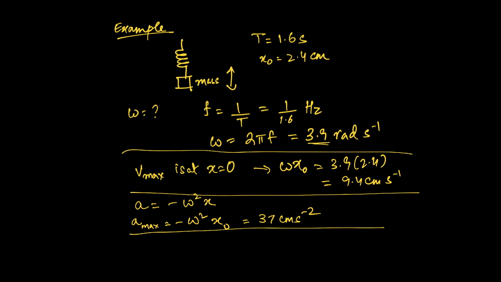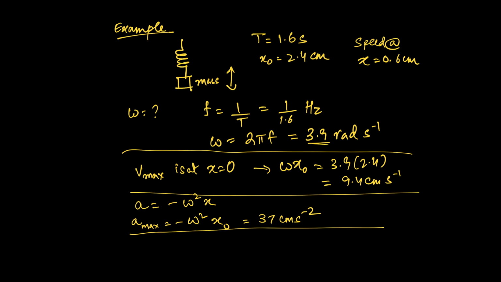And what else could we learn from this system? Well, one other thing we can learn is the speed of this particle at a certain point. So let's say I want to know the speed at a displacement from its equilibrium position of 0.6 centimeters.